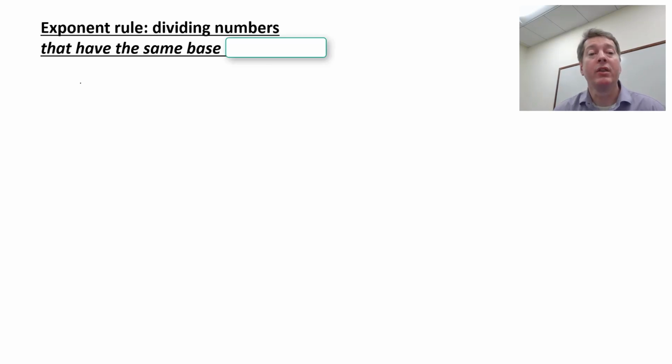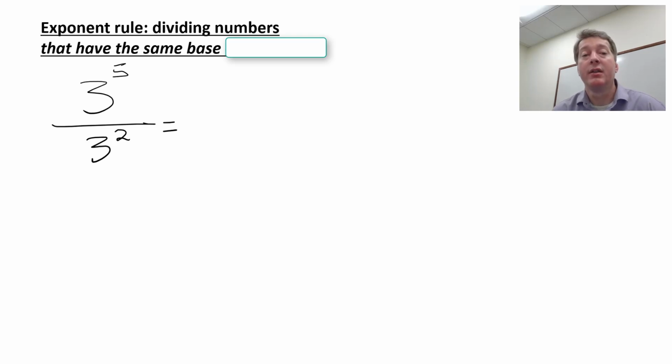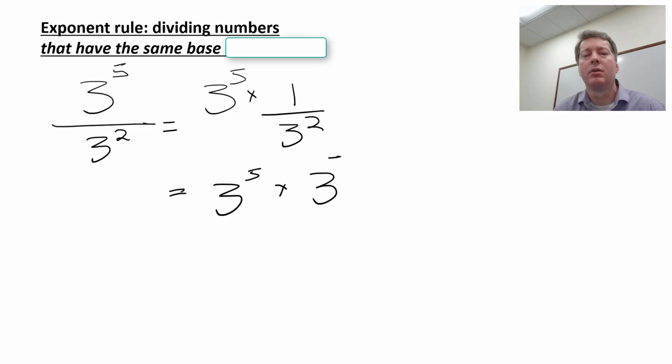One thing I want to point out, let me go back to my example of 3 to the 5th divided by 3 squared, 3 to the 5th over 3 squared. This division rule, it's really the multiplication rule stated in a different way. So 3 to the 5th over 3 squared, well, that's the same thing as 3 to the 5th times 1 over 3 squared. But 1 over 3 squared, that's the same as 3 to the negative 2.